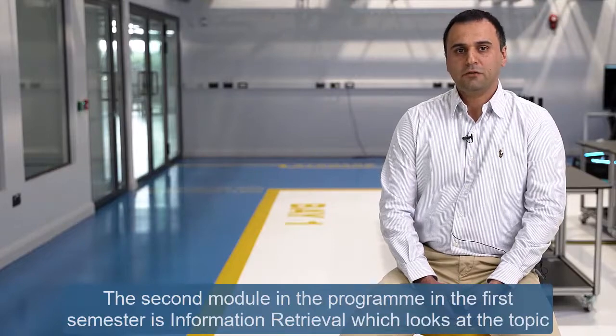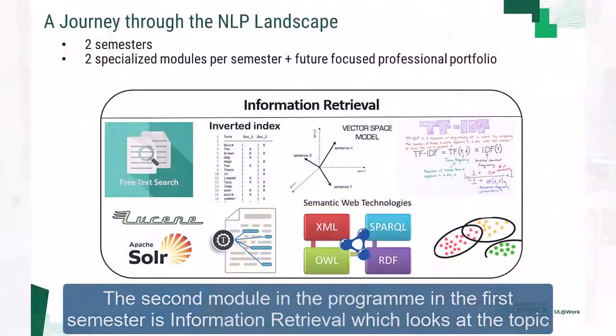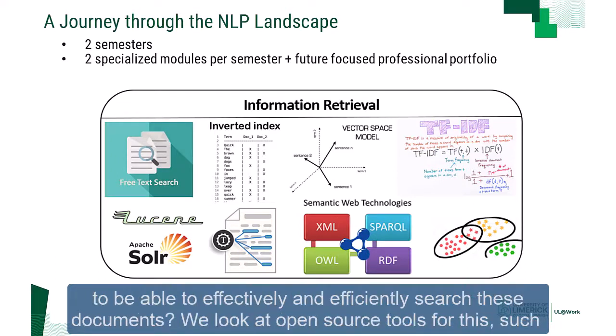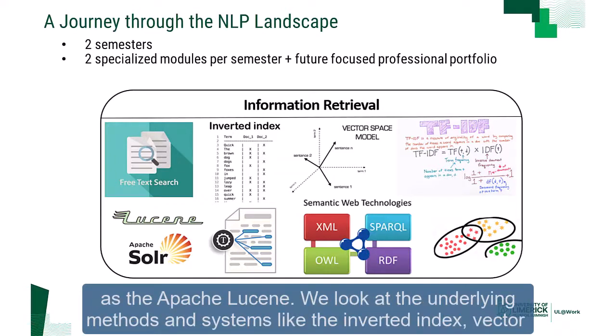The second module in the program in the first semester is Information Retrieval, which looks at the topic of free text search. If you have a large collection of documents, what kind of methods and systems do you use to be able to effectively and efficiently search these documents? We look at open source tools for this, such as Apache Lucene.